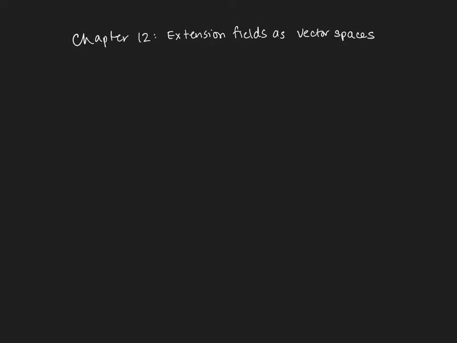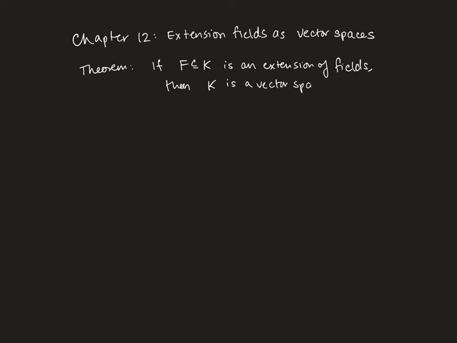One of the first things we had was a theorem that said that if F is a subfield of K, so we've got an extension of fields, then K is a vector space with coefficients from F. And we talked through a little bit about what a proof of that would look like by looking at the example.